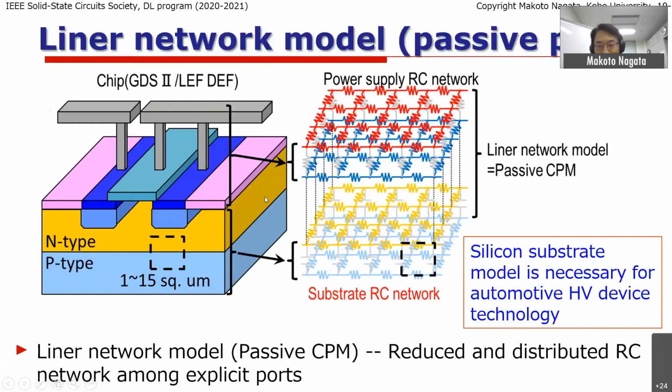So those distributed capacitances need to be included in the substrate RC network. Nowadays, those models can be automatically extracted by using tools provided by EDA companies. But we need to understand the models are comprised of the passive dense network, the passive components.